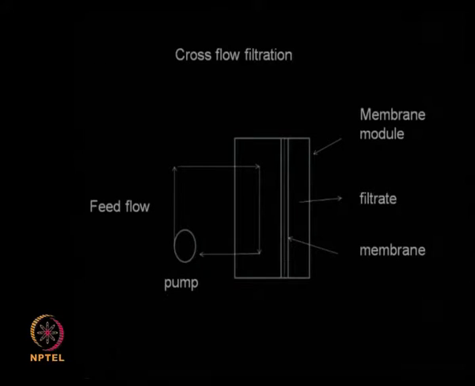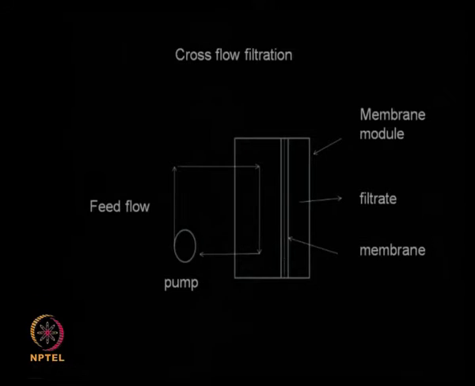This is a typical picture of a cross flow filtration. If you remember how we had the normal dead end filtration where the flow direction is perpendicular to the membrane surface, here you can see the flow direction is parallel to the membrane surface. So that is why it is called a cross flow filtration. So here you are not going to have any concentration polarization and boundary layer formed.